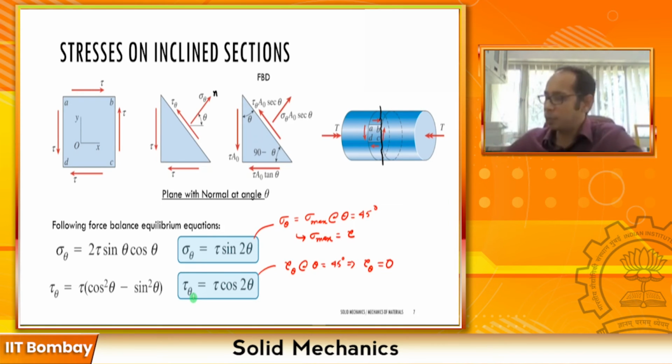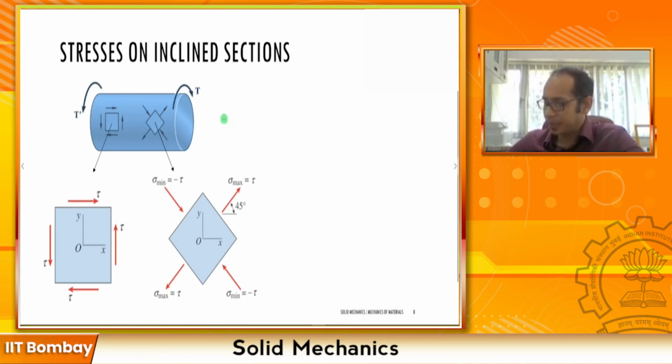So how does that look? If you take a look at this one, it looks essentially something like this. If I am taking an element for which the section is perpendicular to the longitudinal axis, I have only the taus across the faces, no axial stress. Whereas if I am taking a 45-degree angle, as I just derived in the previous page, I am going to have something like this over here.